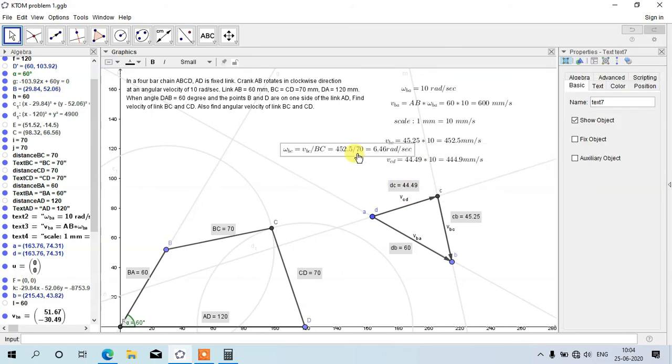So this is the angular velocity of link BC.